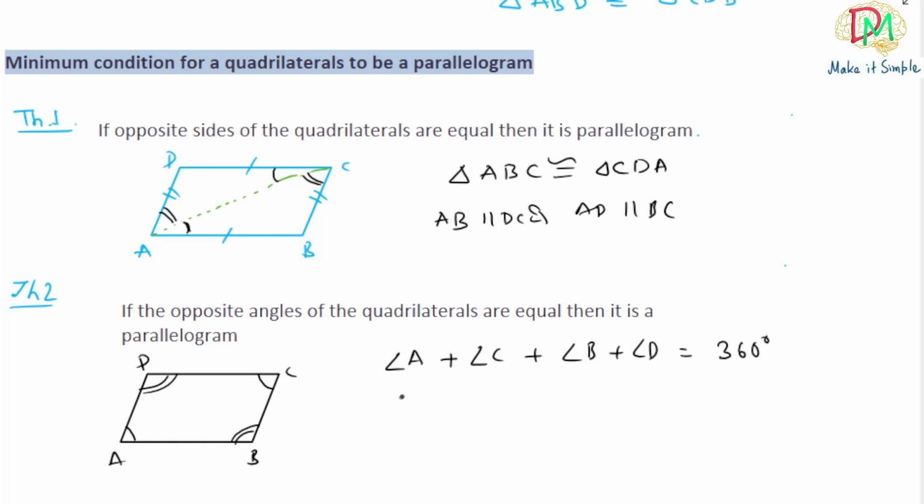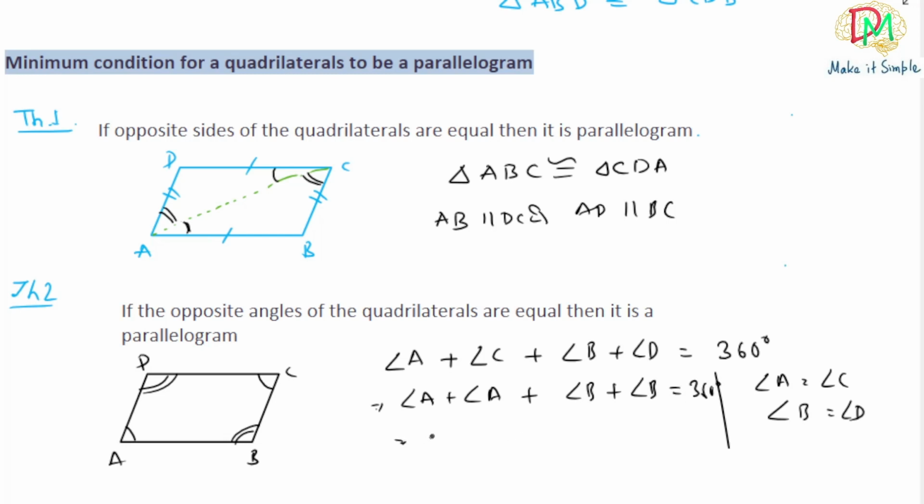So we know here it is given angle A is equal to angle C or angle B is equal to angle D. So we can replace the C with A and D with B, and A plus A plus B plus B is equal to 360 degree. So from here we can write angle A plus B is equal to 180 degree.